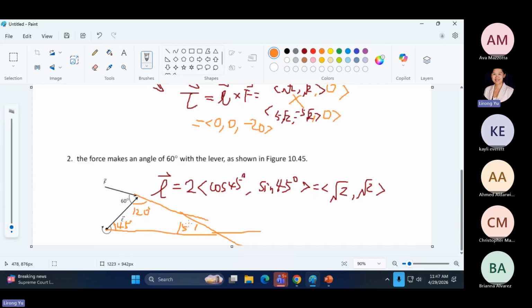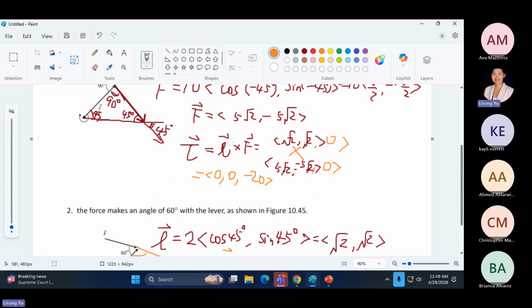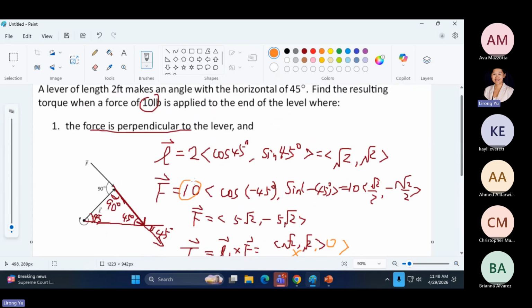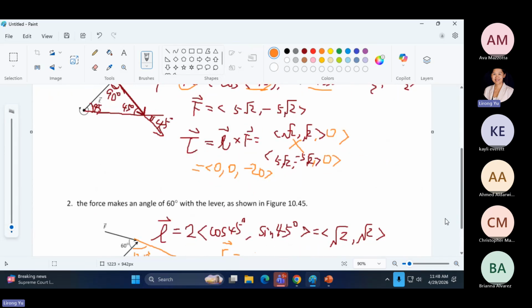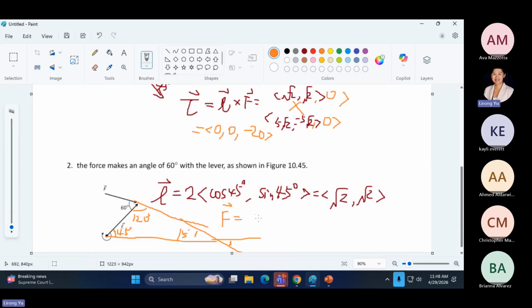So the force is now equal to, the magnitude is still 10, but those components change. So those are going to be cosine negative 15 degrees. So force is equal to 10 times cosine negative 15 degrees, then sine negative 15 degrees.